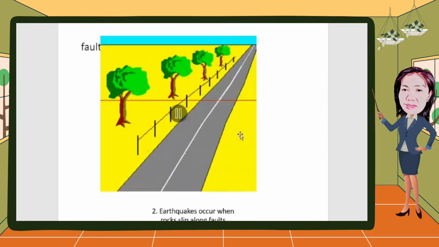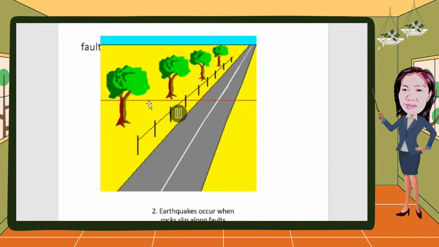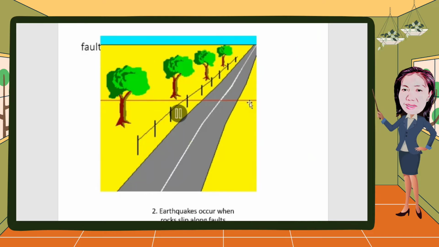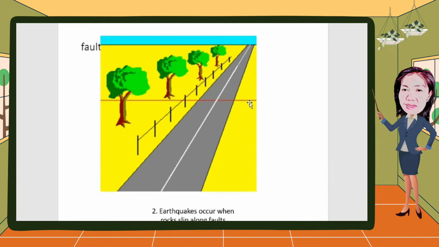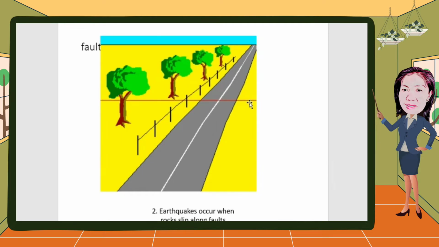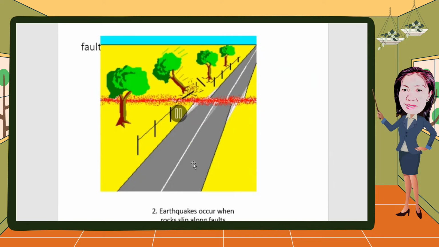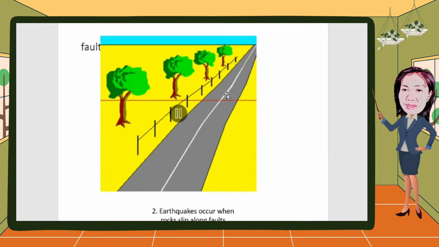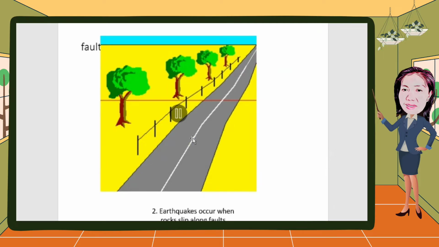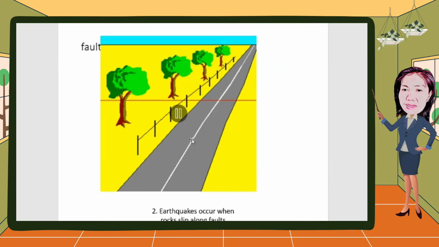Okay, what do you see in the picture? In the picture, this red line shows a fault or a break or a fracture or a crack in the Earth's crust. And it lies in the road. At first, before the significant movement, we observe that the road is in a straight line.